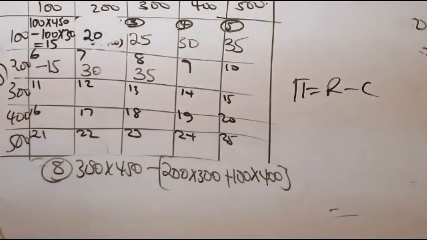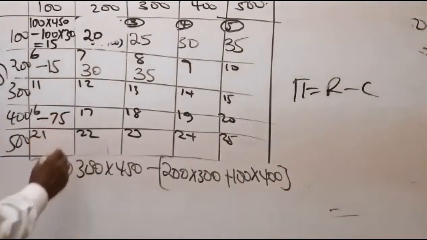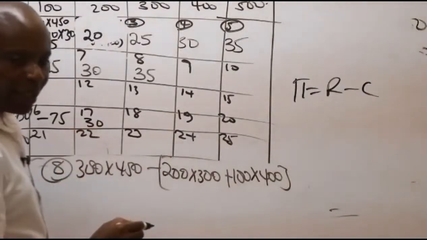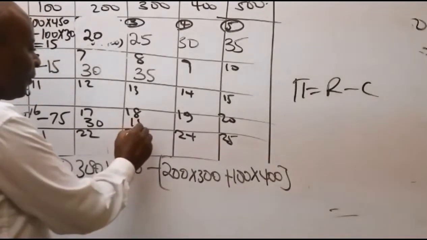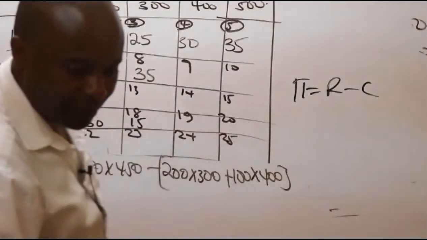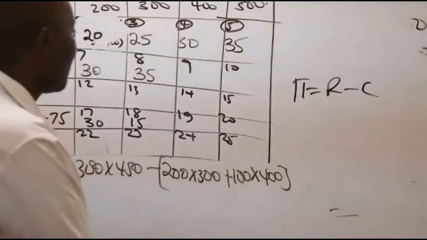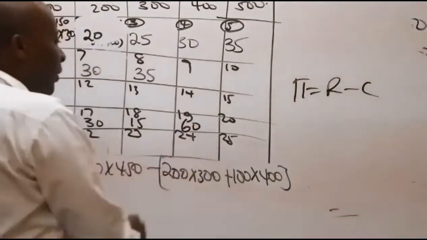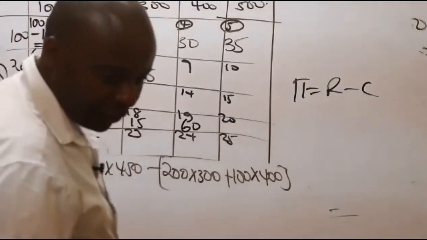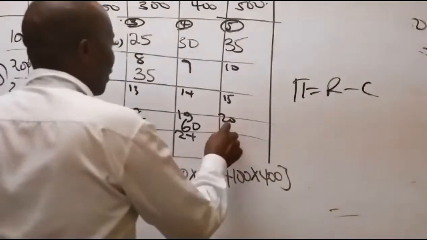Kigunda from cell number 16, they're telling me it is negative 75, right? 17 is 30. 18 is 15. 19 is 60. 20, cell number 20, 65, that is loci now.